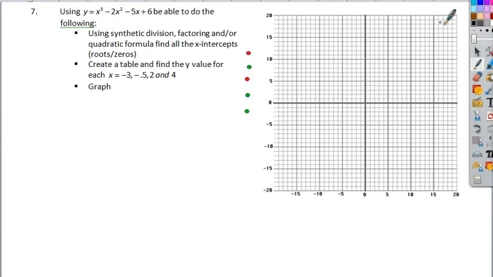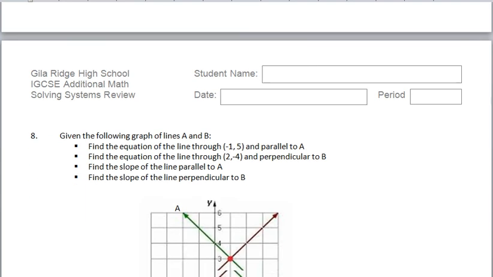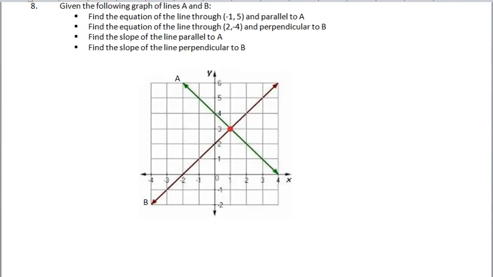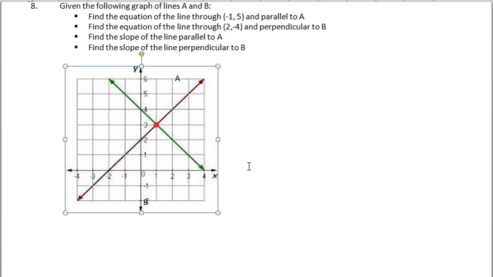All right, last one. Let's see how you do on number 8. Okay, so number 8, pretty easy one actually. Something that we just did. I'm going to scooch this over a little bit.